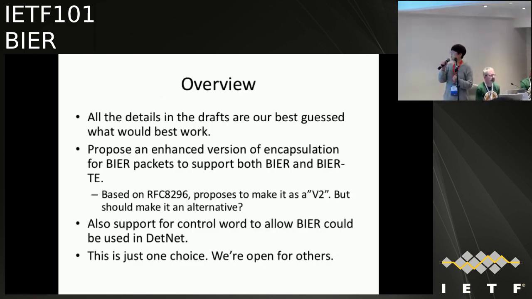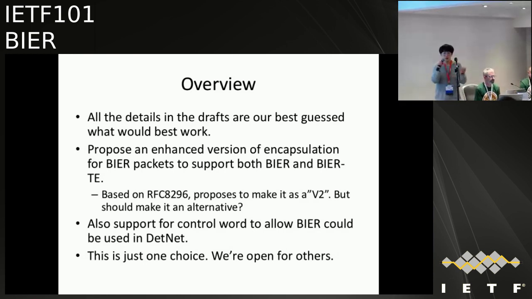Okay. These are some highlights we summarize for this whole draft. Currently all the details are basically our best guess. This draft proposes an enhanced version of encapsulation to support both BIER and BIER-TE. Of course, it's based on RFC 8296. Currently, we propose to make it a version 2.